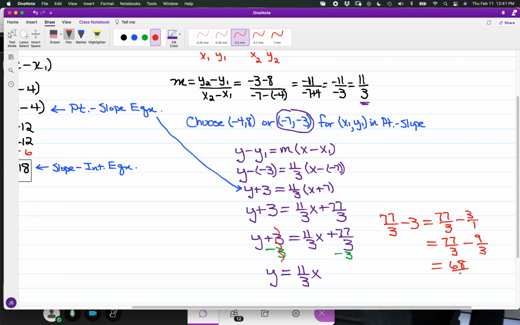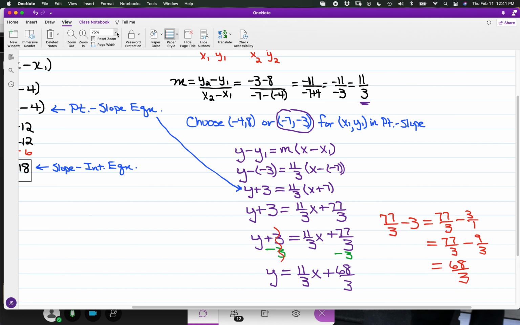And so this will be 68/3. So for the difference, we have 11/3 of x plus 68/3.